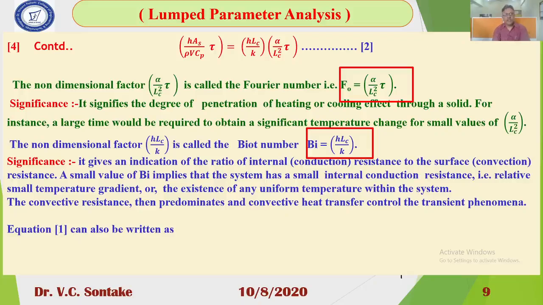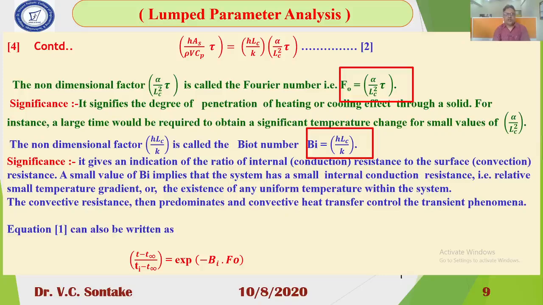So considering alpha tau over Lc square as Fourier number and hLc by k as Biot number, equation 1 for lumped parameter analysis can also be written as T minus T infinity over Ti minus T infinity is equal to exponential of minus Bi into Fo.